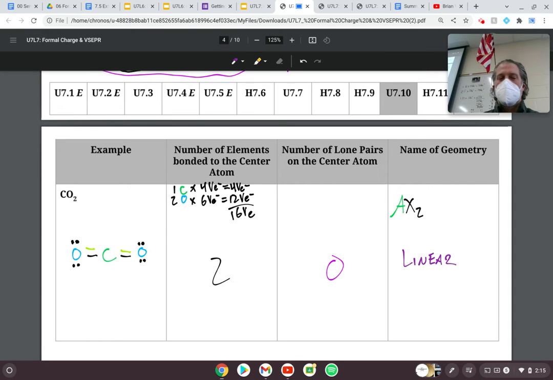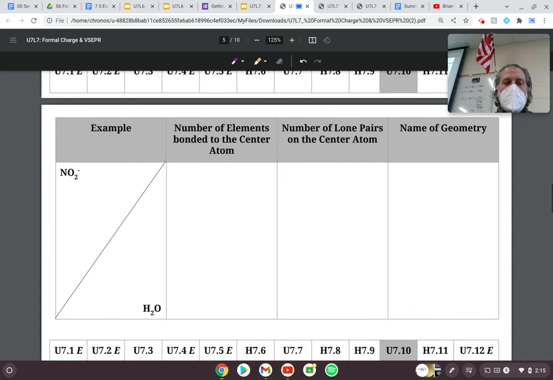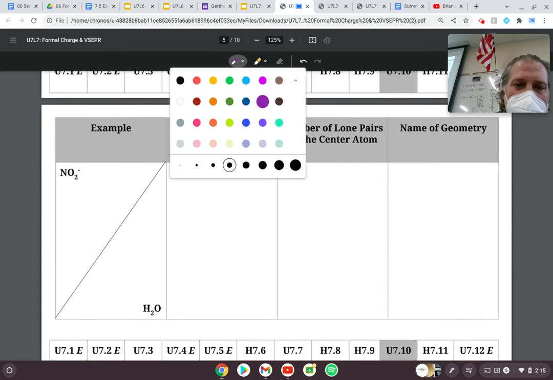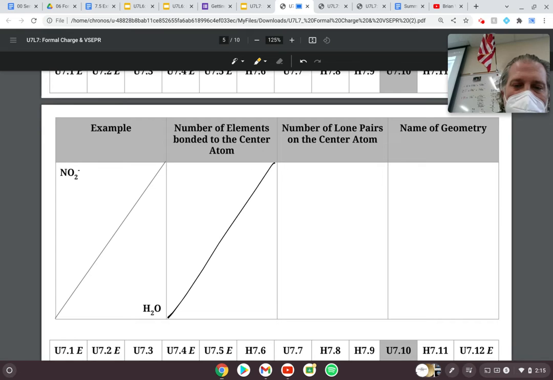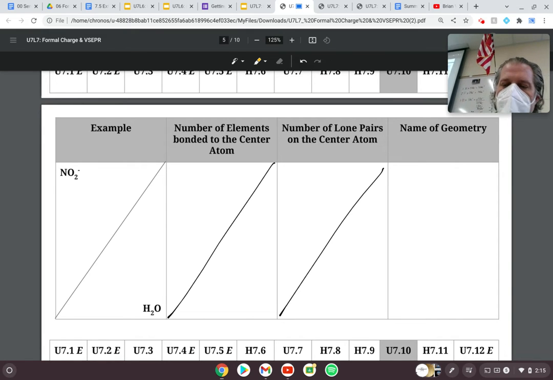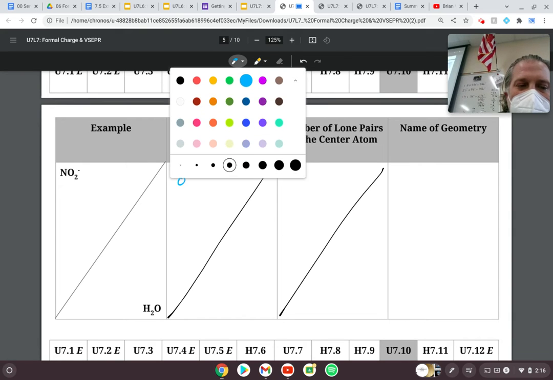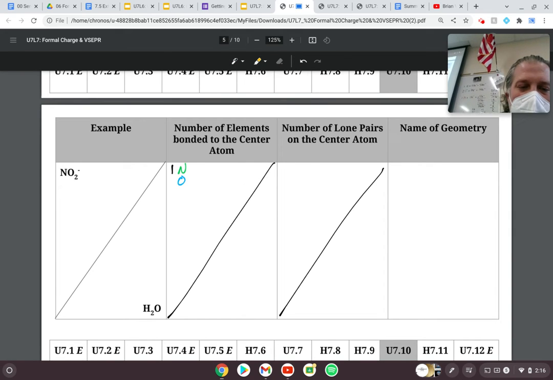Moving on. So in the next example, we've got NO2 minus and H2O. Now, I'm going to go ahead and calculate things for both of these. So I've got N and I've got O. I know that there is 1 N times 5 valence electrons.